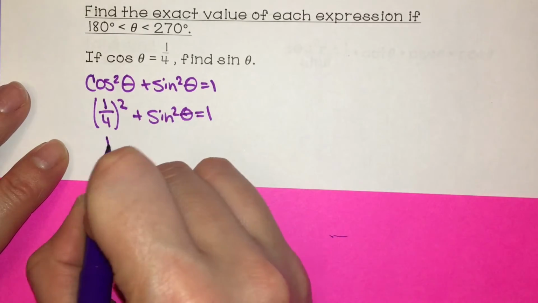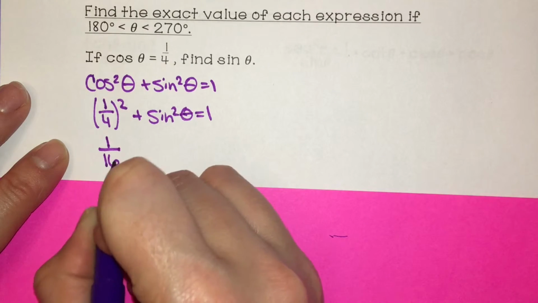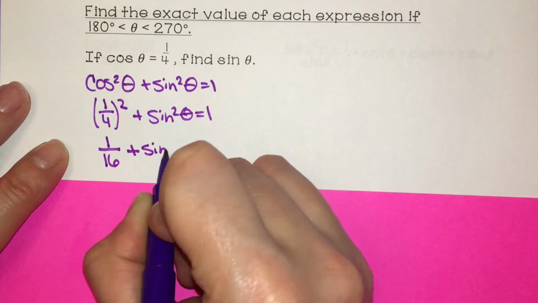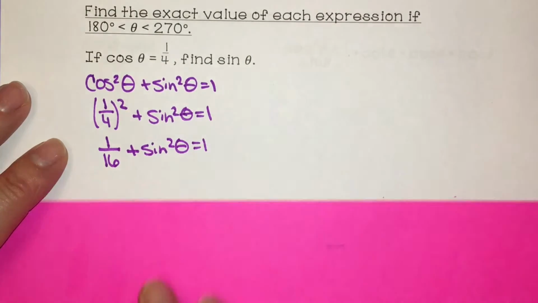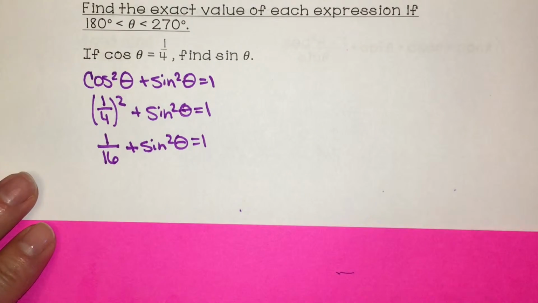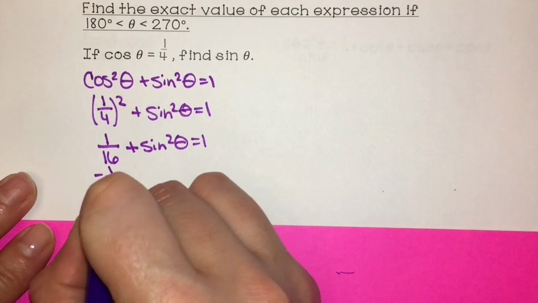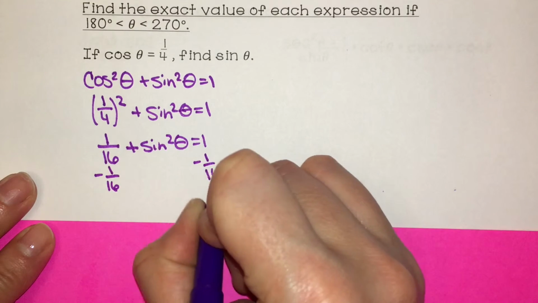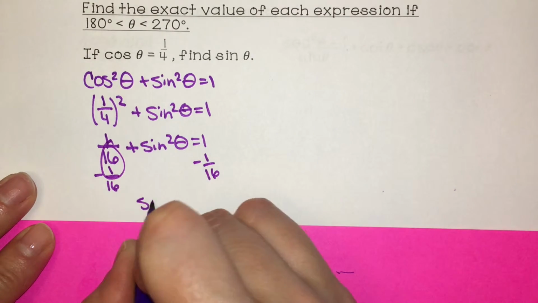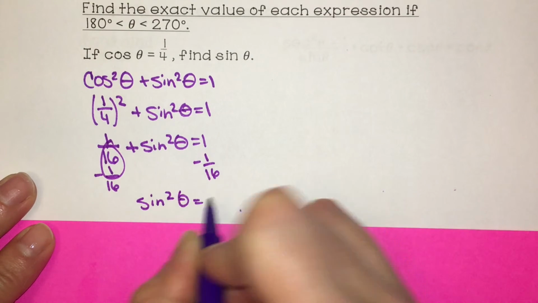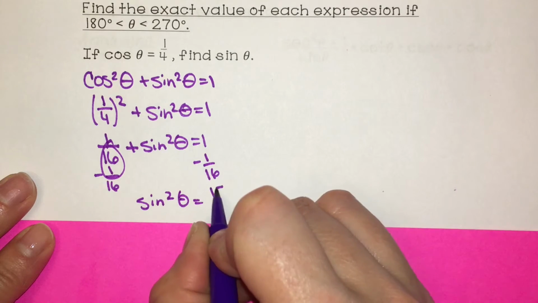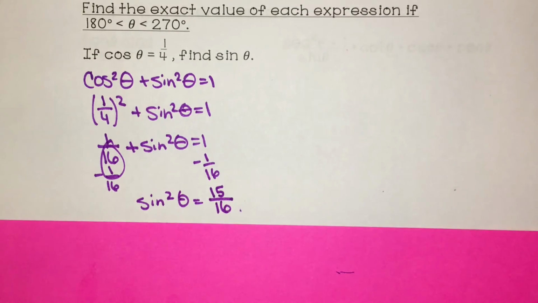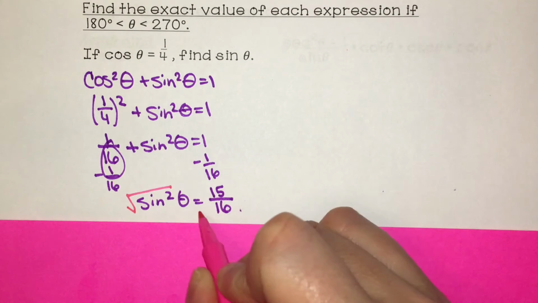All right, 1 squared is 1, over 4 squared is 16, plus sine squared theta equals 1. I'm going to get sine by itself by subtracting 1/16 on both sides. I have sine squared theta is equal to 15/16. At this point, I need to take the square root of both sides.